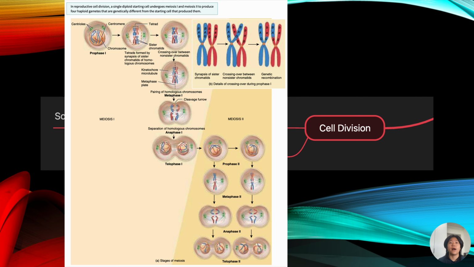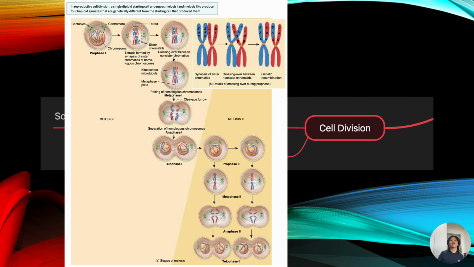Both of these might code for your hair color or your eye color. The difference is that they carry different genes, which give you different traits. So one of the chromosomes might give you brown hair, and one might give you black hair. They're coding for the same traits, they have identical structures and the same sizes, but they can differ in what traits they carry.